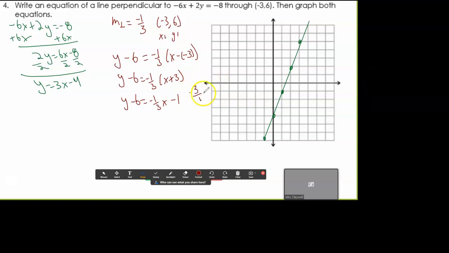I have 3 over 1 times -1 over 3, which is -3 over -3, -1. So +5, down 1 over 3, down 1 over 3.